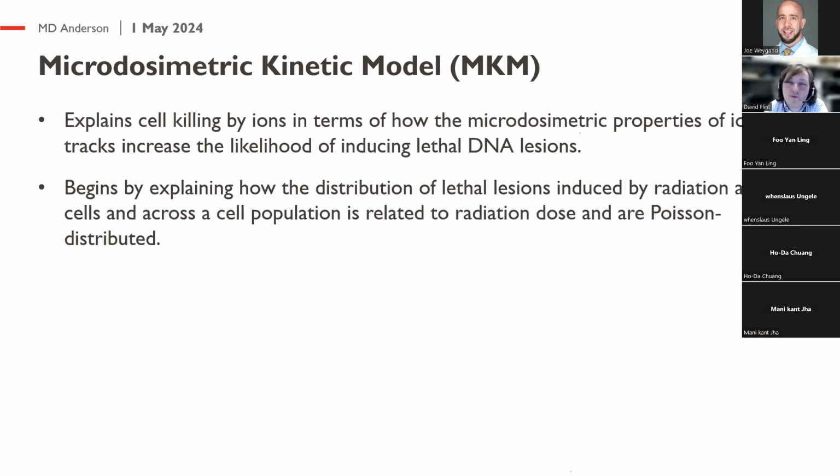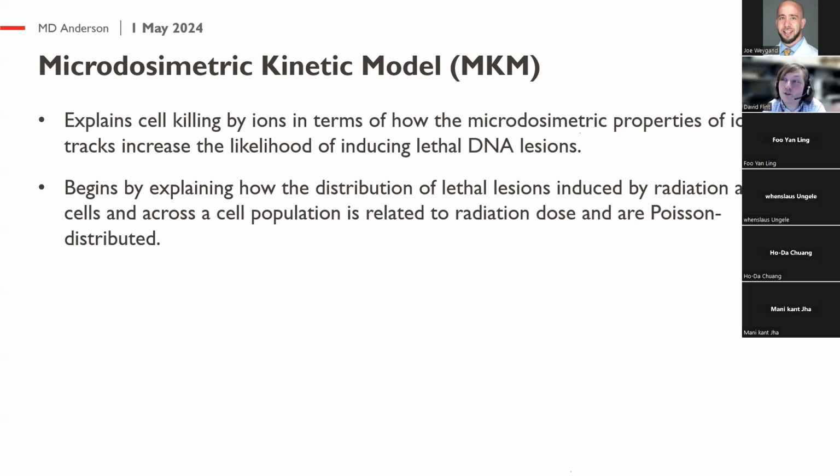For the MKM, we assume that the likelihood of potentially lethal lesions forming close enough to one another to become lethal, the terminology used in the context of this model is within the same nuclear domain, increases as you increase the ionization density.